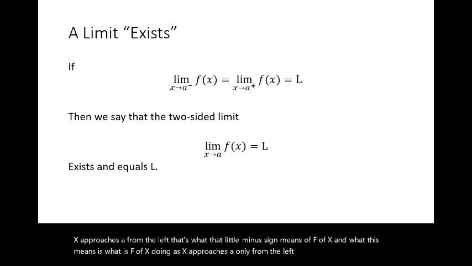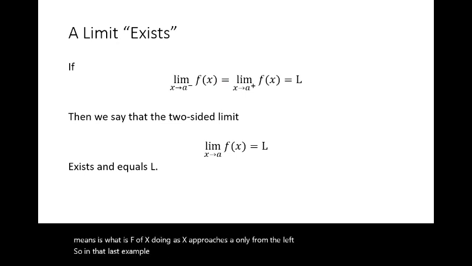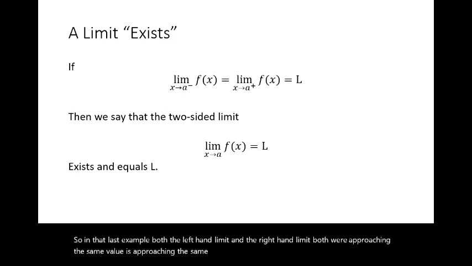So in that last example, both the left-hand limit and the right-hand limit were approaching the same value. It was approaching the same value from both the left and the right.